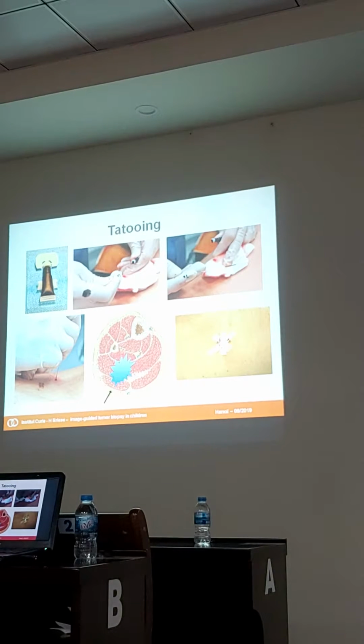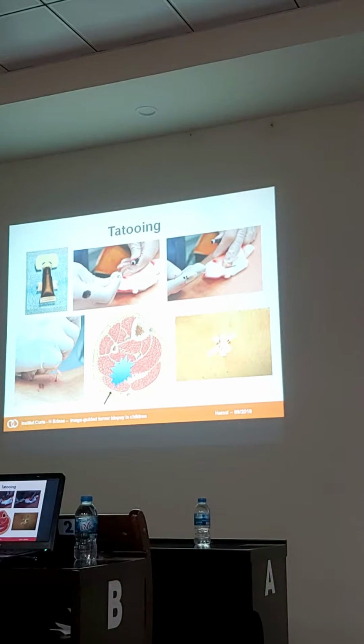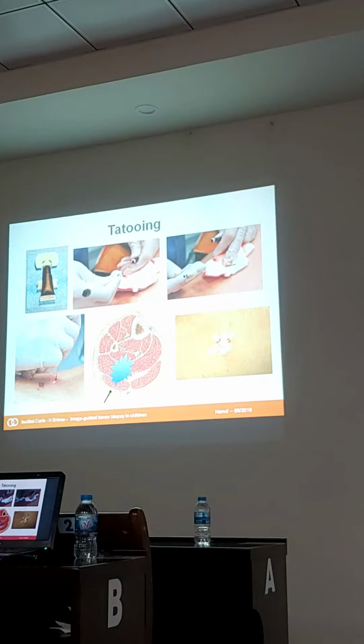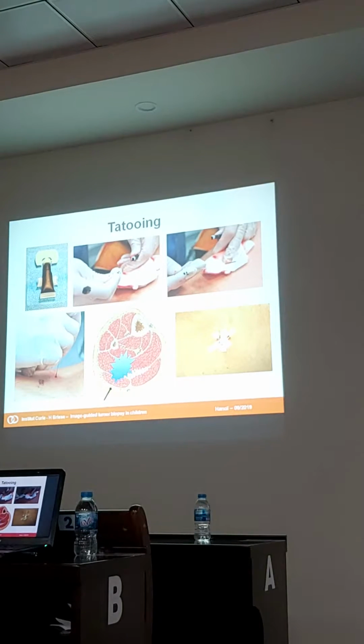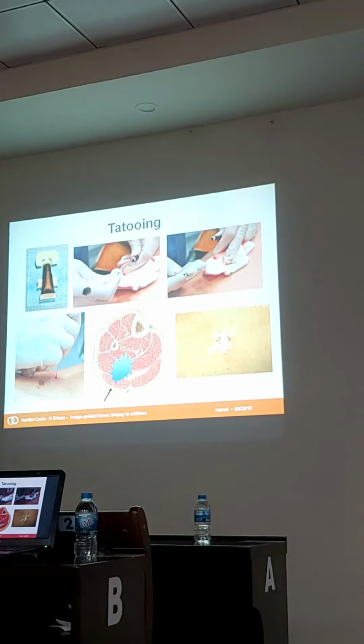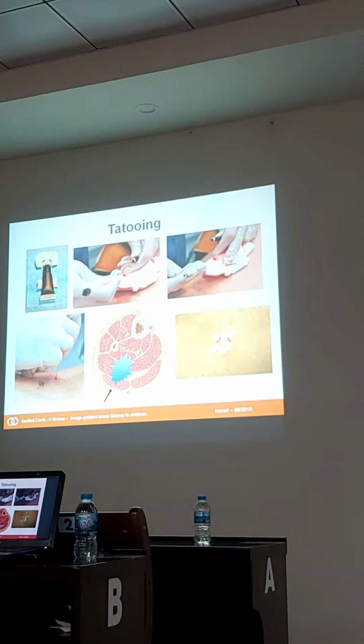And it has disappeared. So if you put some ink in the skin, there will be a residual black point in the skin, and you know it's here, so the surgeon will know exactly where to operate and where to remove the needle tract.